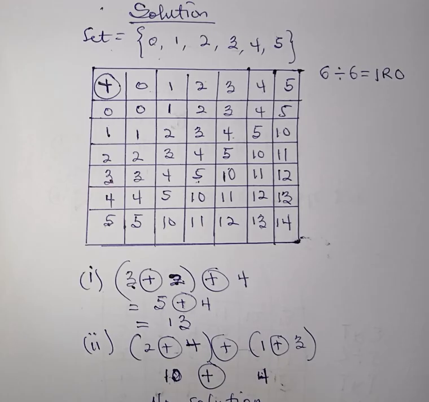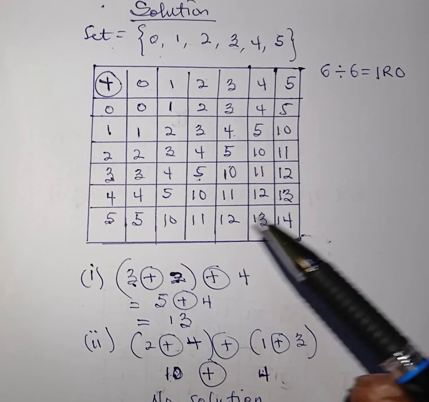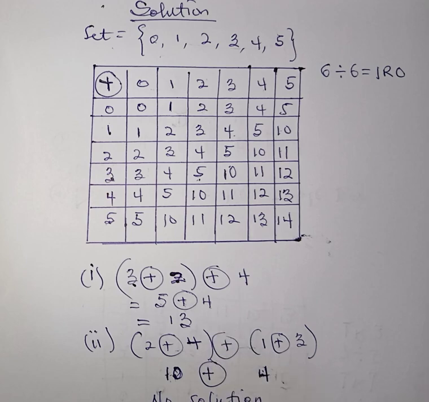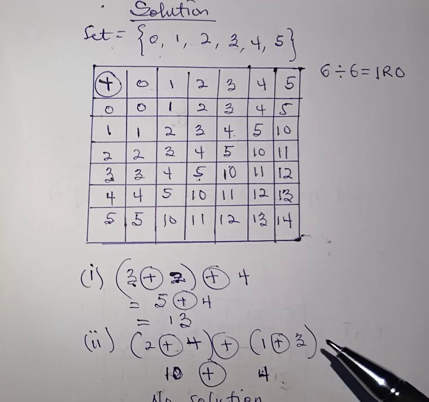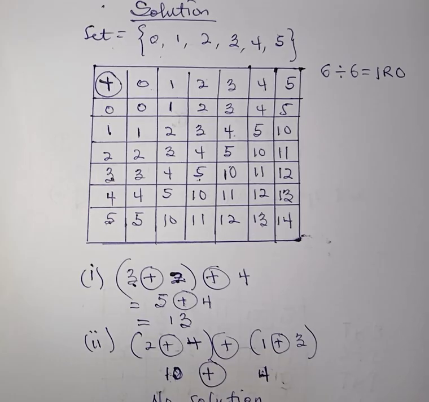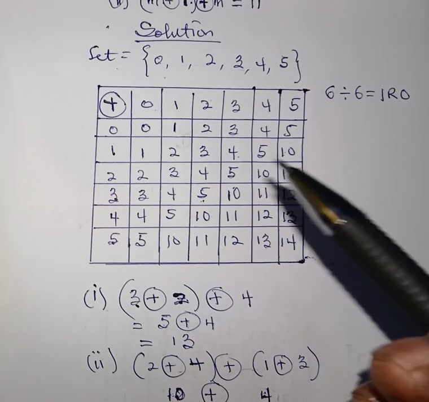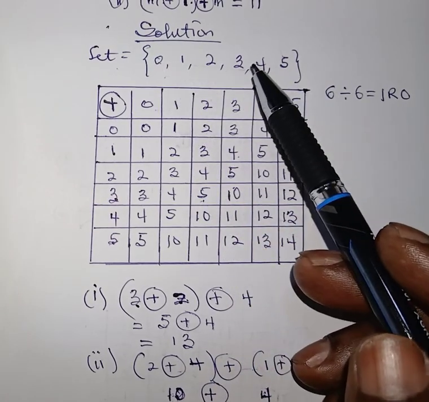So if not, because we are restricted to use the table, if we had been asked to just find the value without even using the table, we would have added this to this, and we get 14. Then after getting the 14, we apply the base, which is base 8. So it means that 6 will divide the 14 how many times? 2. Remember what? 2. So in that case, our answer would have been 22. But in this case, we are using the table, and the set given, you have to be what?